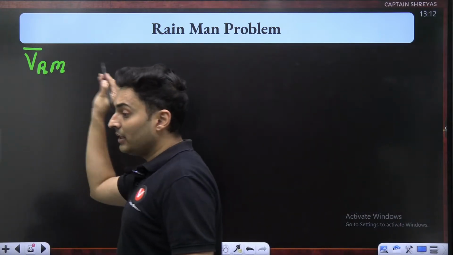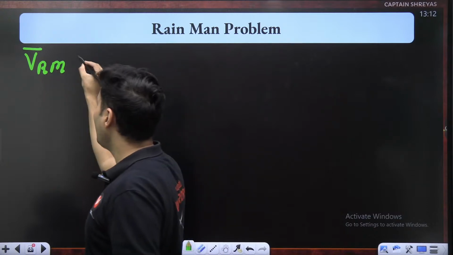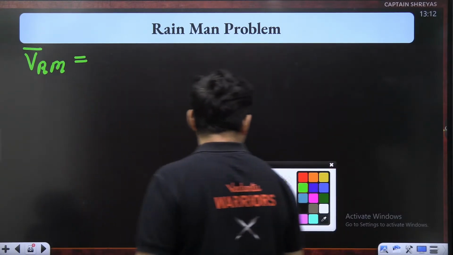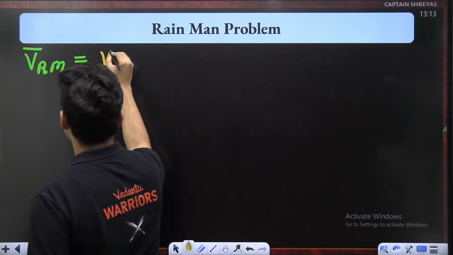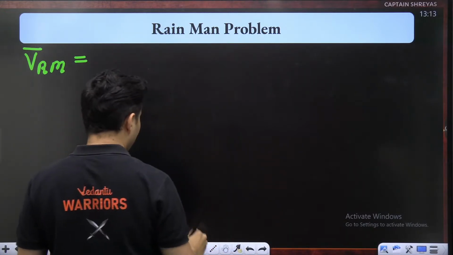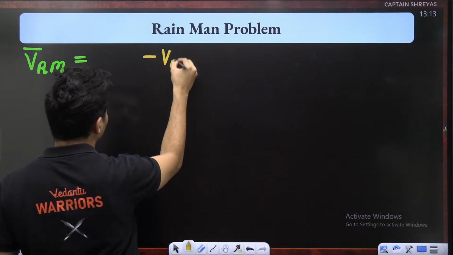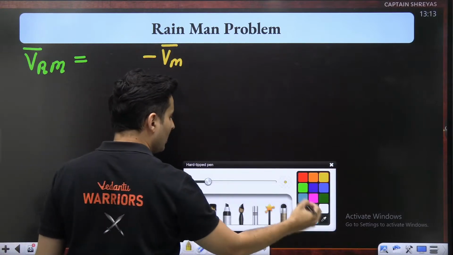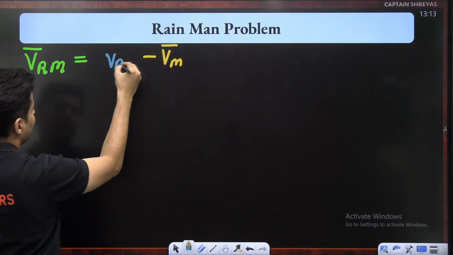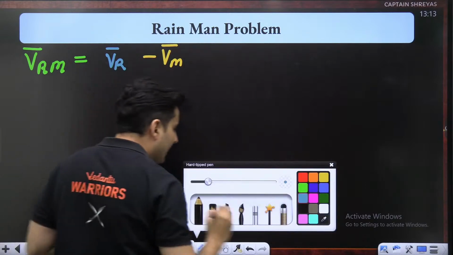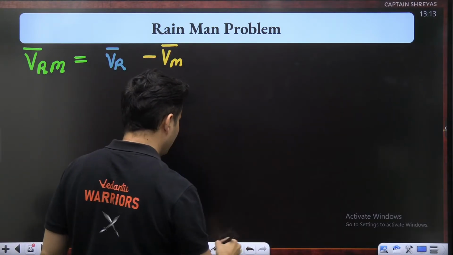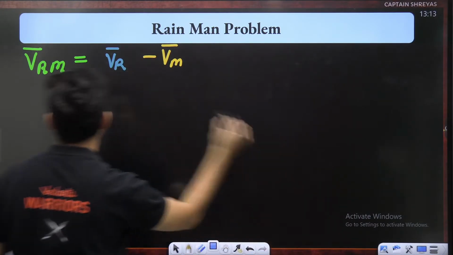So V12 was V1 minus V2. So VRM will be, simply put, velocity of the rain minus velocity of the man. As simple as that. This is actually your governing equation.